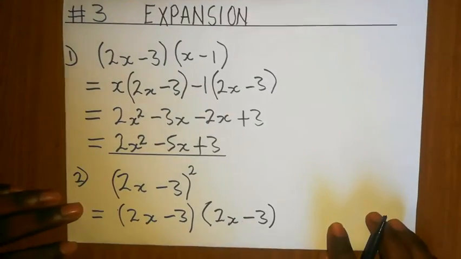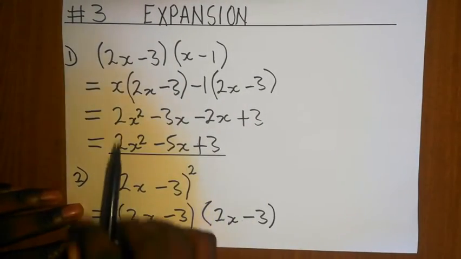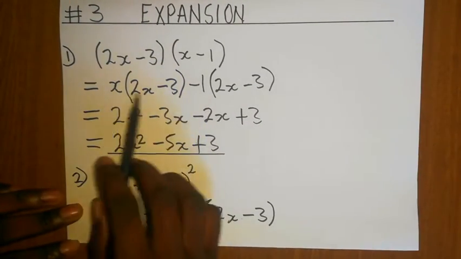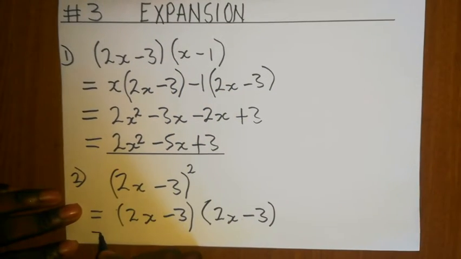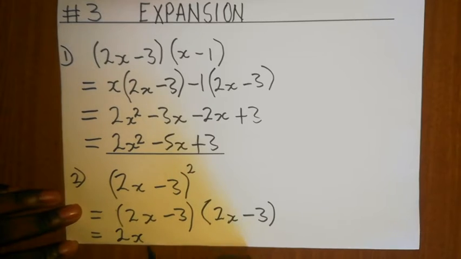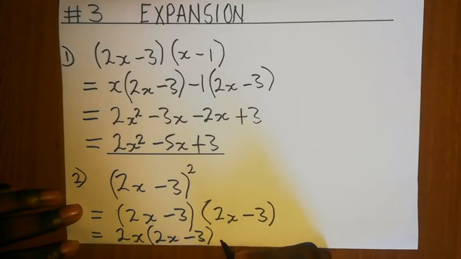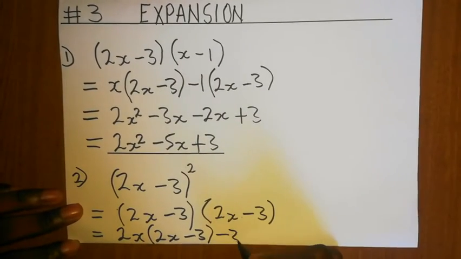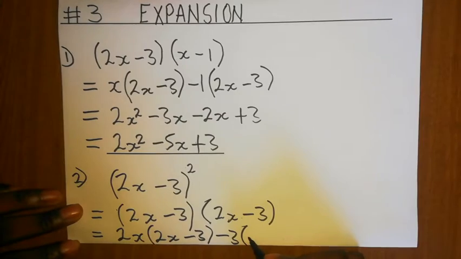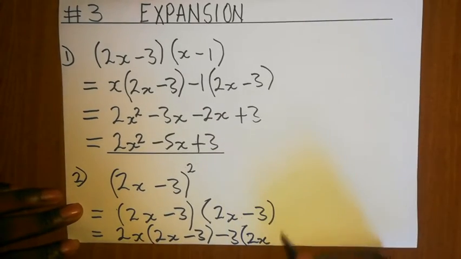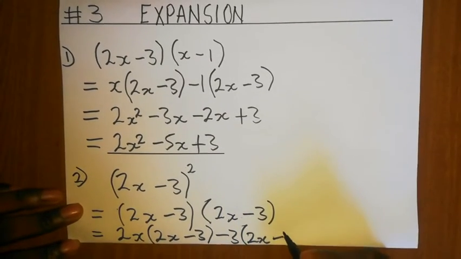As we continue, you're going to do that stage again. So it is equal to, I'm going to factor out my 2x, then 2x minus 3, close. Then I'm going to factor out my negative 3, then 2x minus 3.